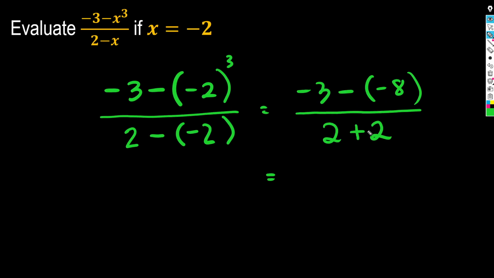Again, like earlier, applying the definition of subtraction, I can make that look like minus 3 plus 8 all over. Now I can combine my 2 plus 2 to give me 4. Finally, I can simplify this. It's a minus 3 plus 8. Isn't that a 5? Yeah, that's a 5 over 4. Okay? Don't be afraid of fractions. They're just fractions.